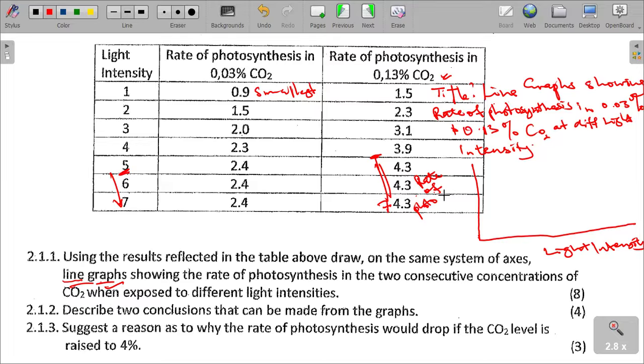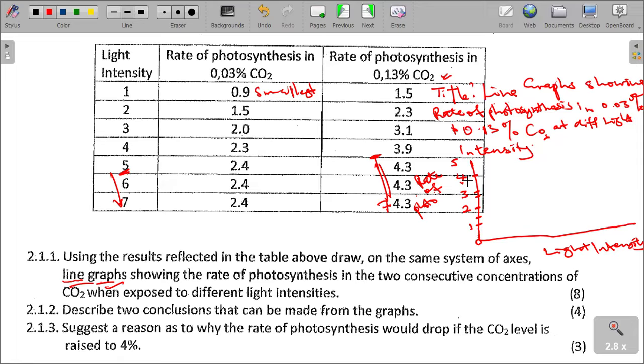So I can just choose a scale of saying this is 0, and then we can say 0, 1, 2, 3, 4, and then 5 there.